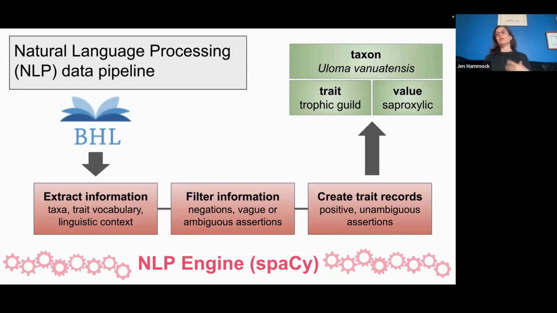And you throw that away, and then you construct trait records from the results. And then, if you are Katja Schultz, who is in charge of this right now, you go through a very long process of iterative manual quality control. And you feed the rules that you come up with back upstream, and you go through this a few times until you get quite a clean output.